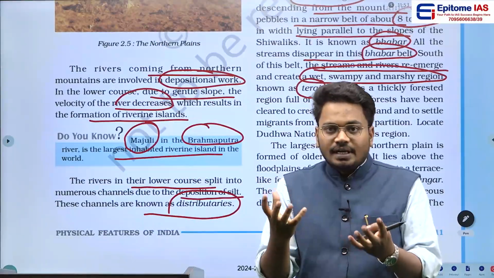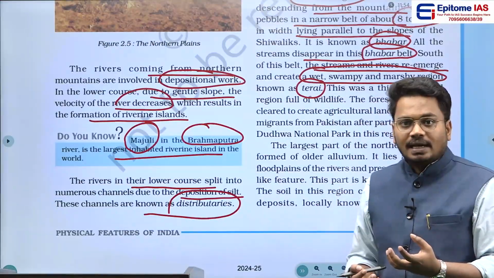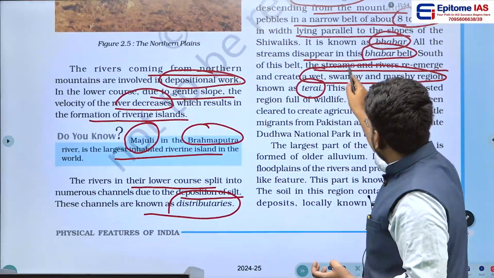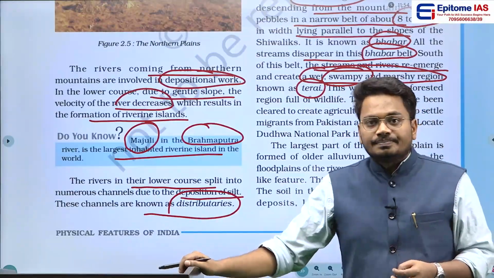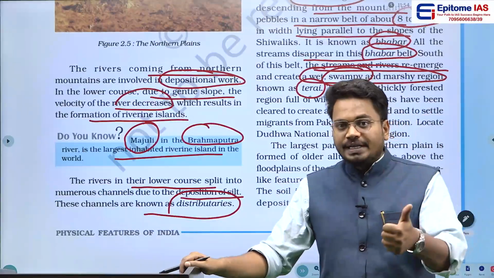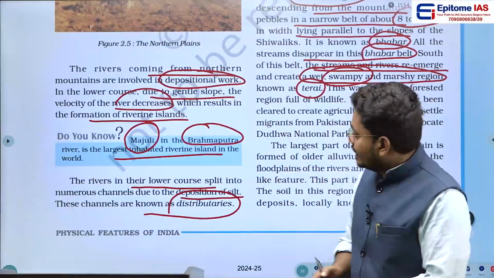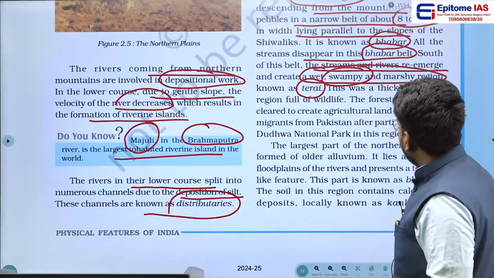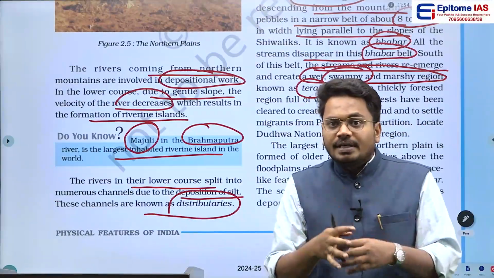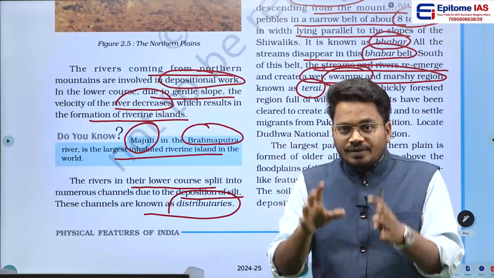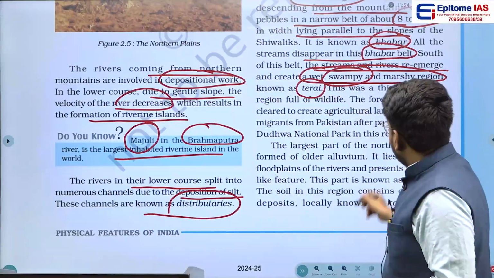The important characteristic is that Terai is mostly wetland, and it will have some marshy region and some swampy areas. So wetness, swampiness and marshiness, these three are the important characteristics of this Terai zone. Because of this, you will see a high amount of vegetation grown in that region.